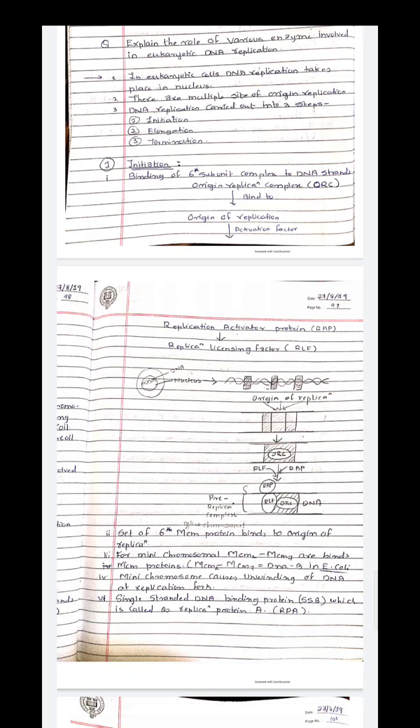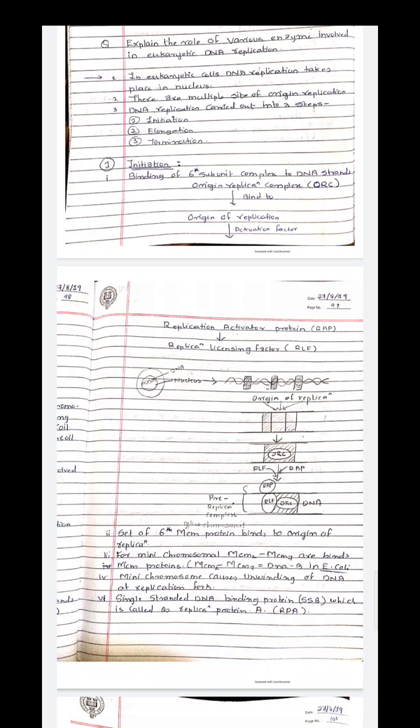In the initiation stage, you can see in the figure, DNA is present in the nucleus, inside the chromatin material. In eukaryotic DNA there are a number of replication sites, and there is the origin of replication, the ORC region. In that ORC region, first the sixth subunit complex, the minichromosomal proteins, attaches. Then these proteins activate the ORC region and form the replication activator protein, RAP, and the replication licensing factor, RLF.